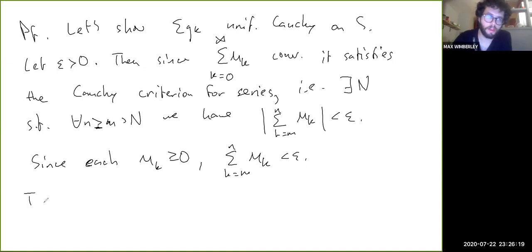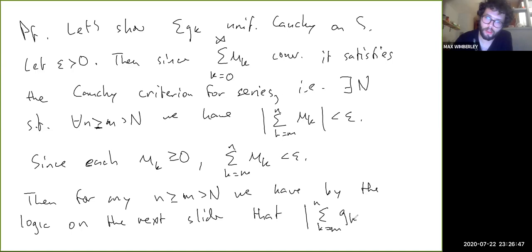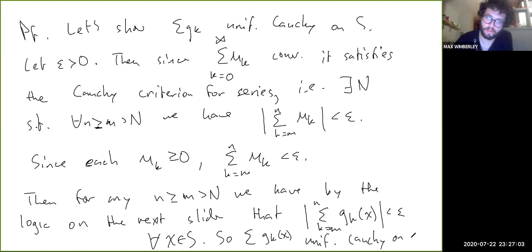Okay. Then for any n greater than or equal to m greater than this capital N, we have, by the logic on the next slide, that the absolute value of the sum from k equals m to n of g_k of x is less than epsilon for all x in S. So the sum of g_k of x is uniformly Cauchy on S, which is what we wanted to show.